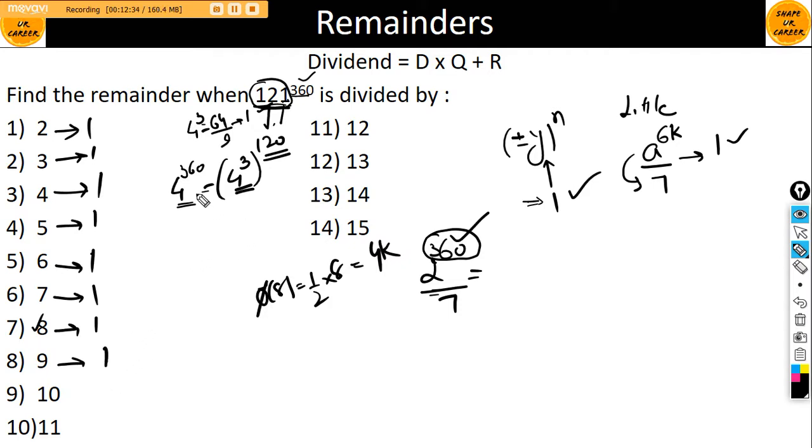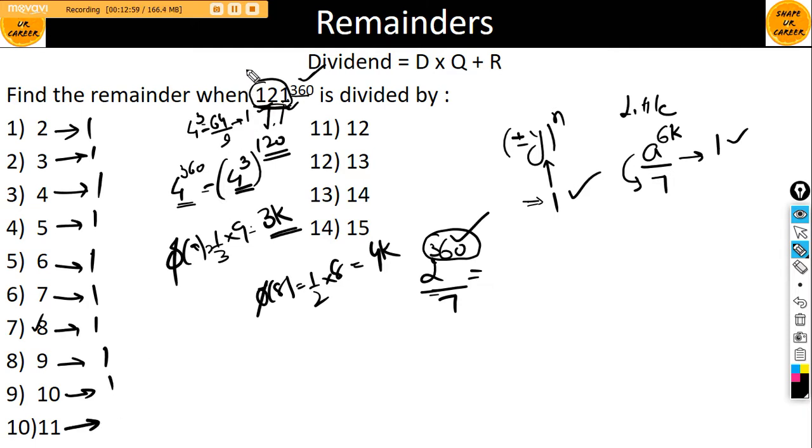Or in this case again we can compute Euler number. So Euler number of 9 comes out to be 1 by 3 into 9, which is 6. So if your power is any multiple of 6 when the number is co-prime to 9, remainder is 1. And we can see power is a multiple of 6. In case of 10, units place in itself comes out to be my answer, which in this case will be 1 itself.